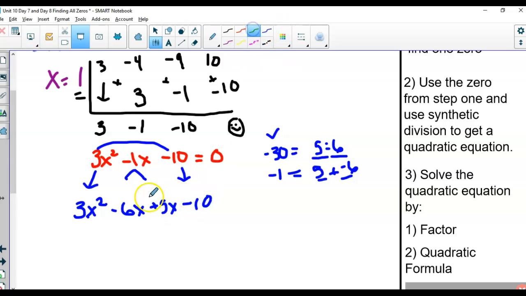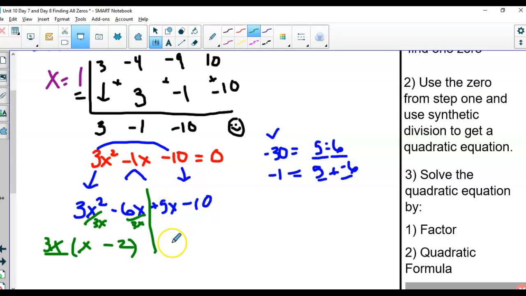I'm going to break it up into the groups. I want to factor this first group out first. Okay, so I take that 3 and that x out. When I divide out that 3x, that leaves me with an x. And I divide that 3x out. That gives me a negative 2.